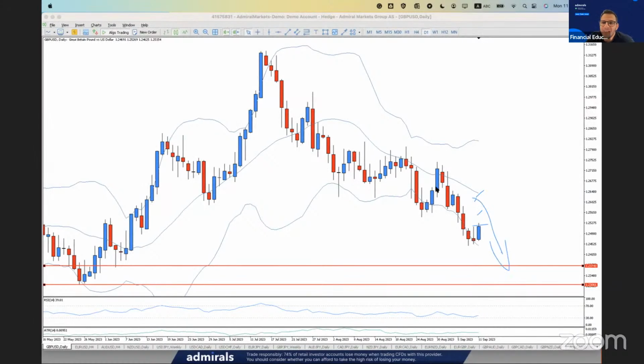And instead of trying to take some losing trades until you get the entry right, trend following.